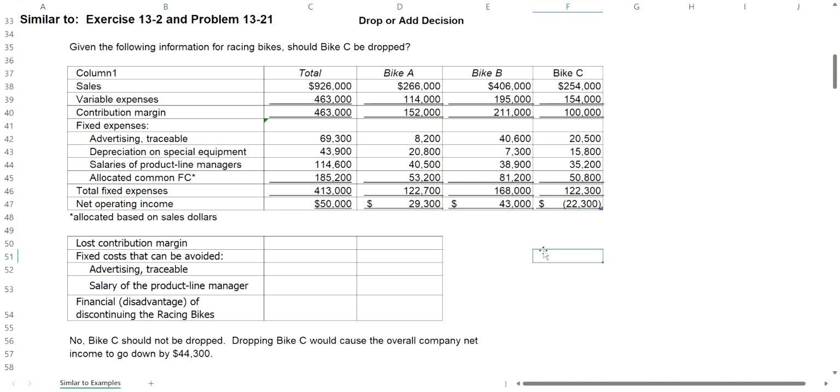So I like to do what's called the contribution margin approach. Start out with your contribution margin loss if you eliminate Bike C. Bike C contribution margin is $100,000. If I eliminate Bike C, I will lose $100,000 in contribution margin.